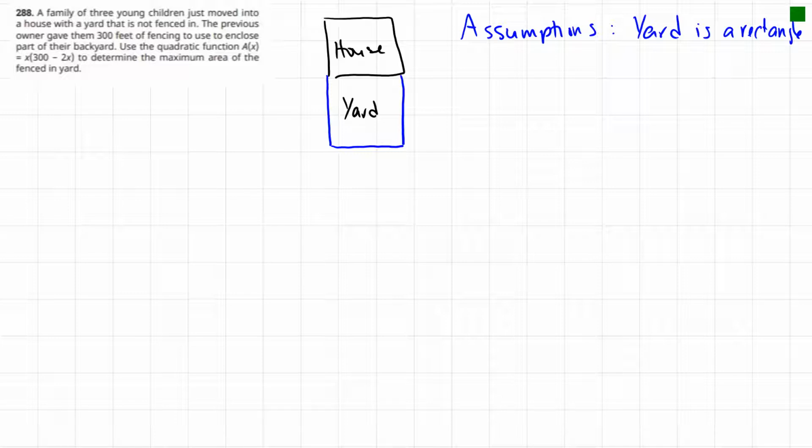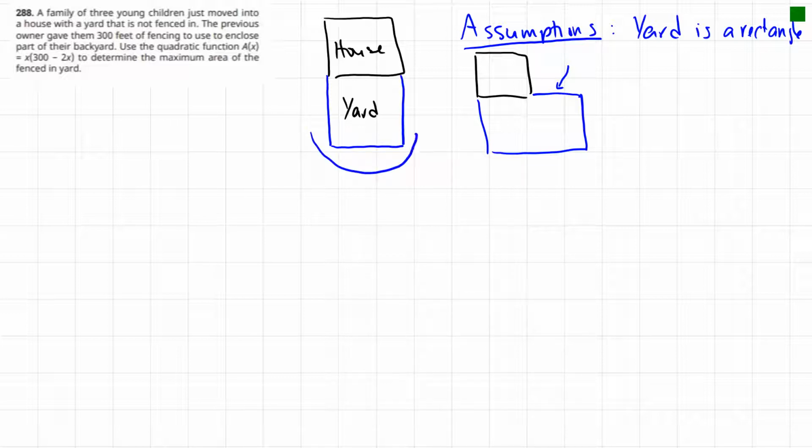So it's not looking like this. This would be a different problem altogether because you would need this little extra. So we're making the problem a little bit simpler by assuming a simple rectangle and the house will cover one side of the yard. So you need the fencing, the 300, to go all the way around here in blue, 300 feet.